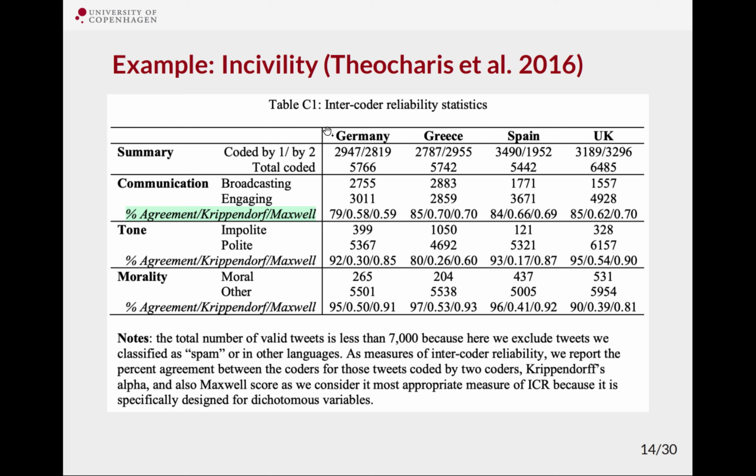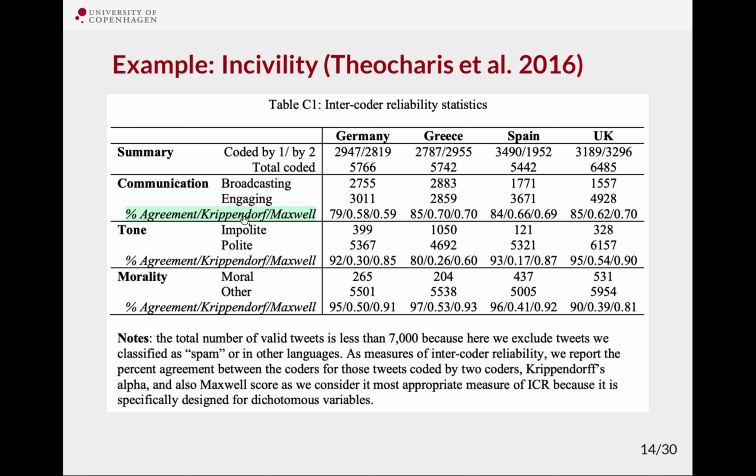For those who didn't read this article, they wanted to know whether tweets directed at politicians in Germany, Greece, Spain, and the UK are uncivil during the European parliamentary elections. And so they had a number of coders go through all of these tweets, and this is their agreement score: what percent of the codings were consistent between coders.